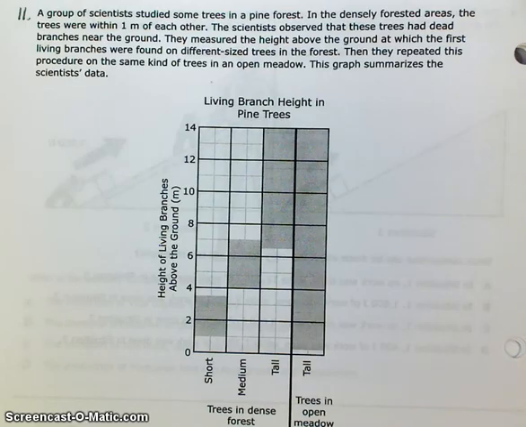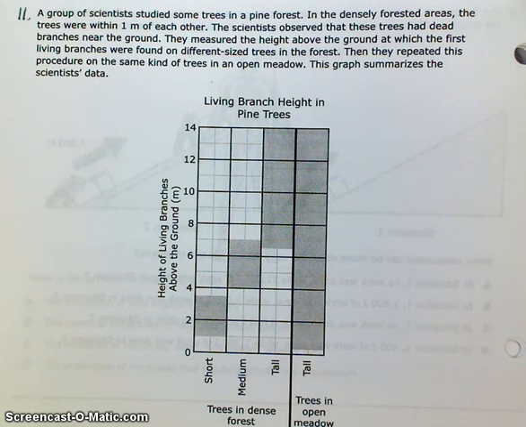Number 11, a group of scientists studied some trees in a pine forest. In the densely forested areas, the trees were within 1 meter of each other. The scientists observed that these trees had dead branches near the ground. They measured the height above the ground at which the first living branches were found on different sized trees in the forest.